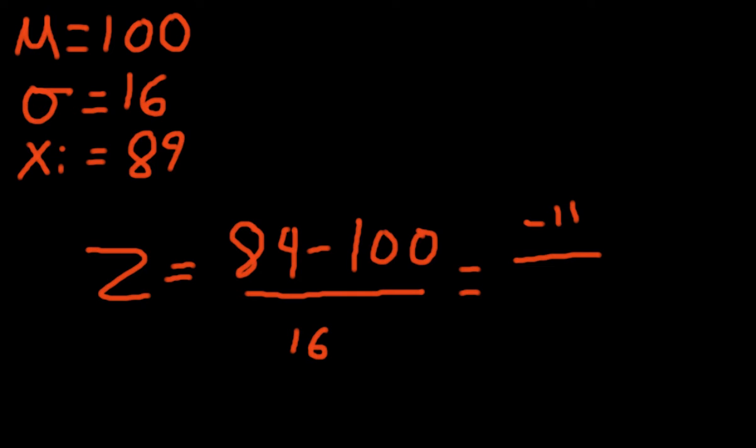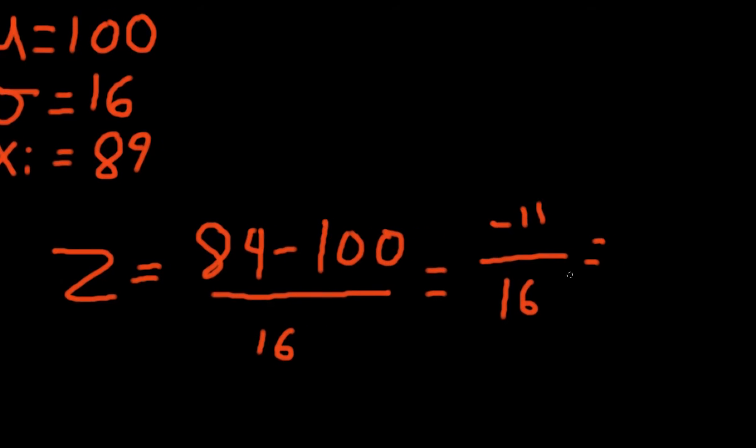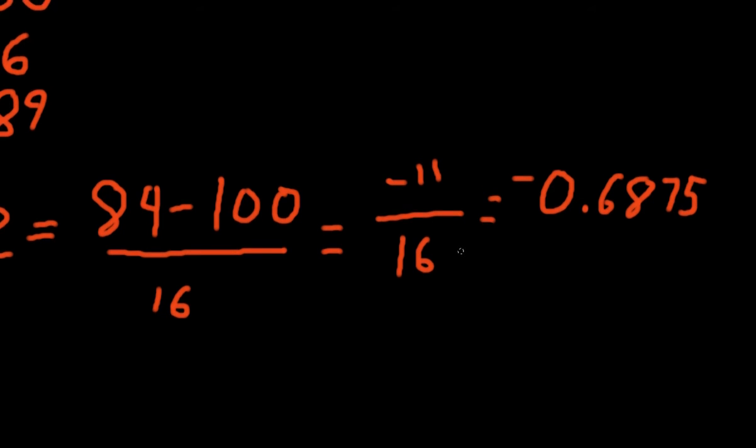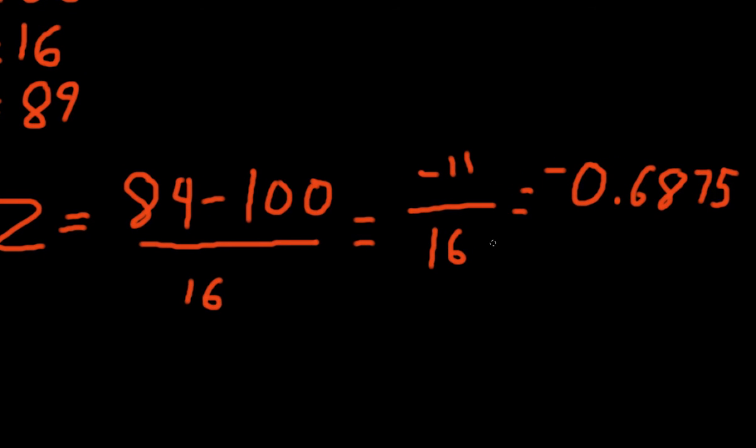In the denominator we have 16, which gets us negative 0.6875 as our z-score. So we are below the mean by less than one standard deviation.